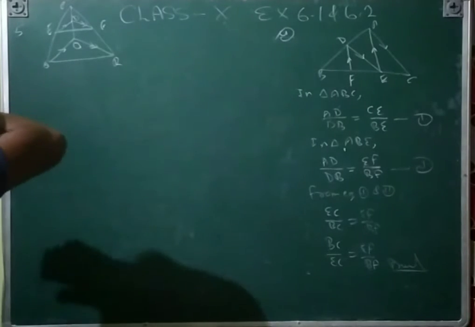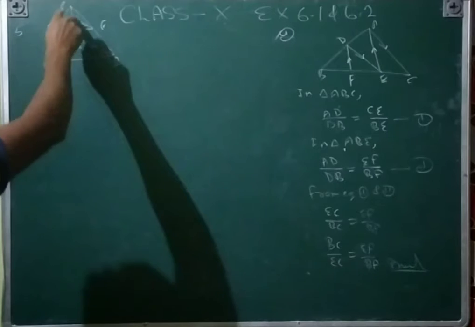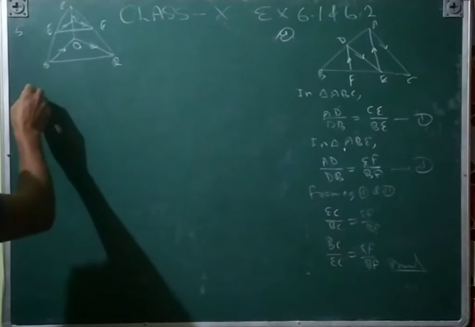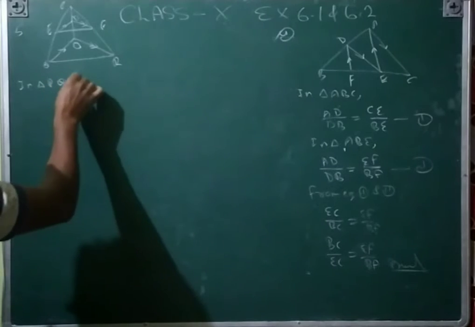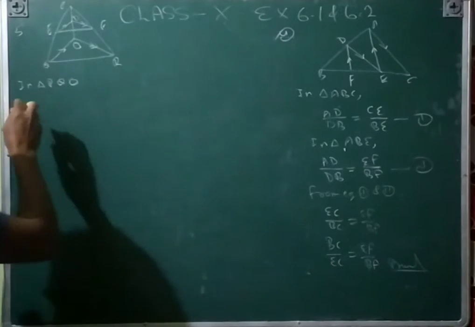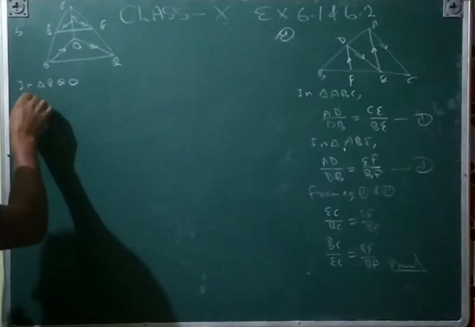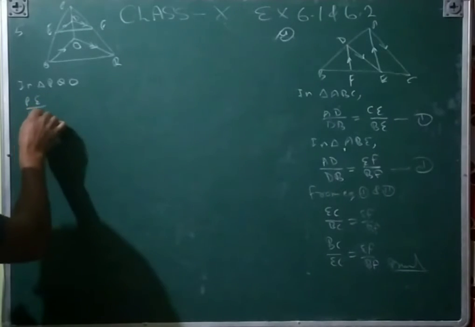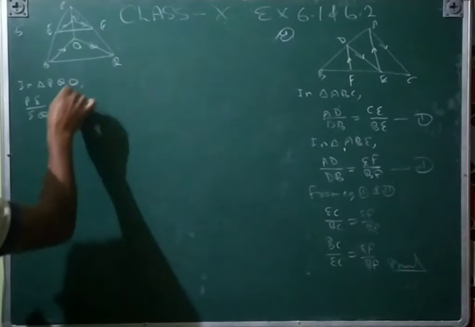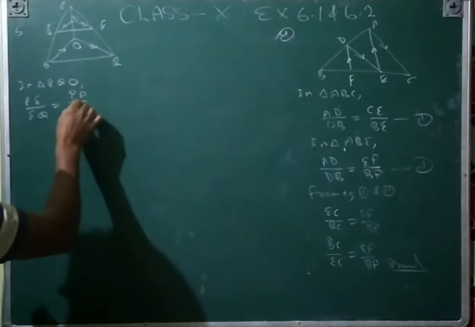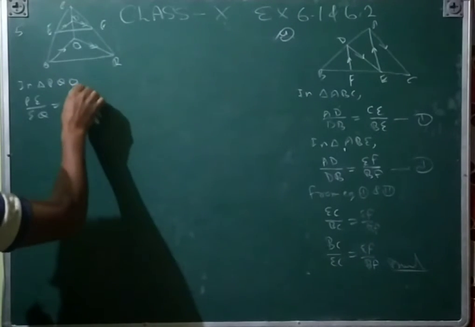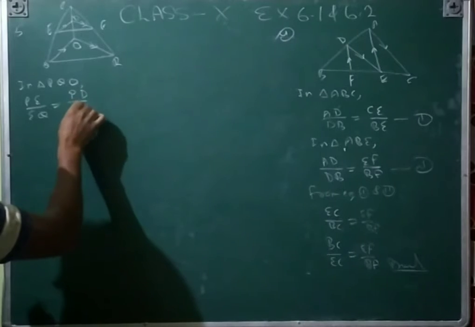So first of all, we take this one triangle PQO. In triangle PQO, that will be PE upon EQ is equal to PD upon DO.